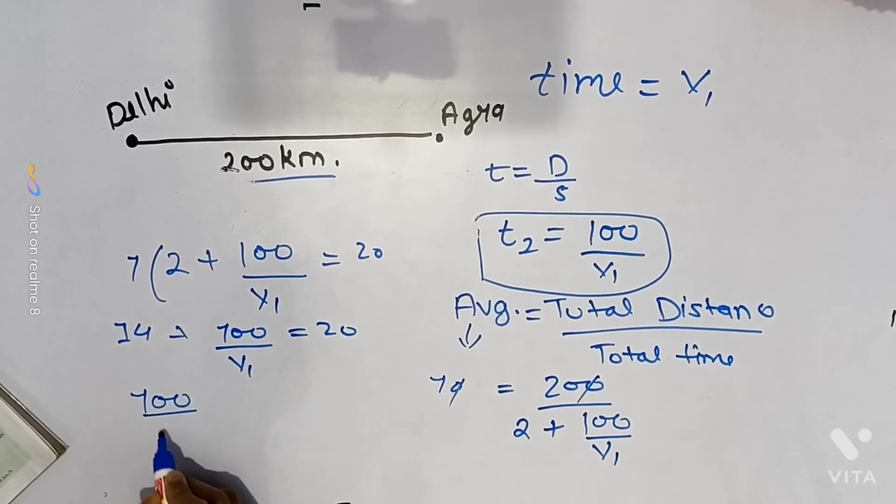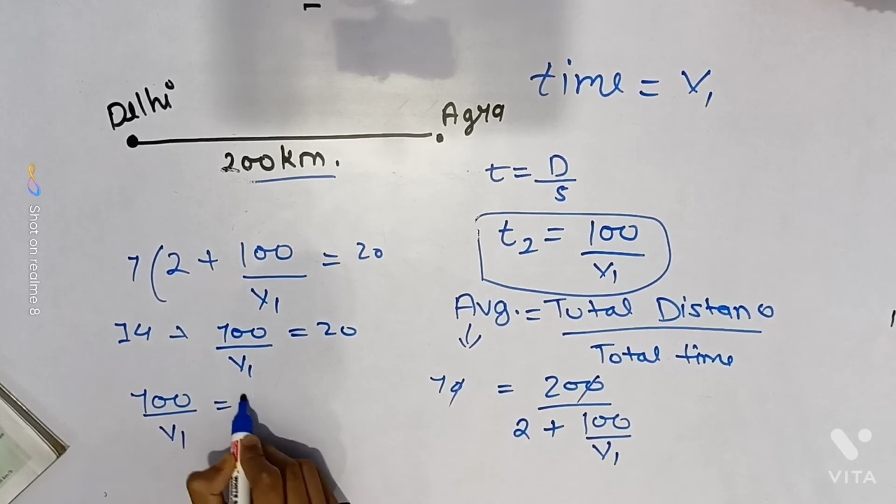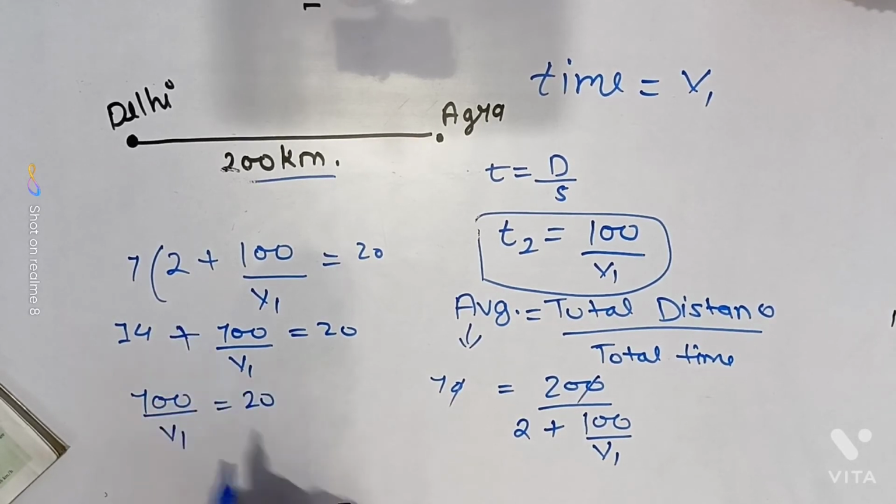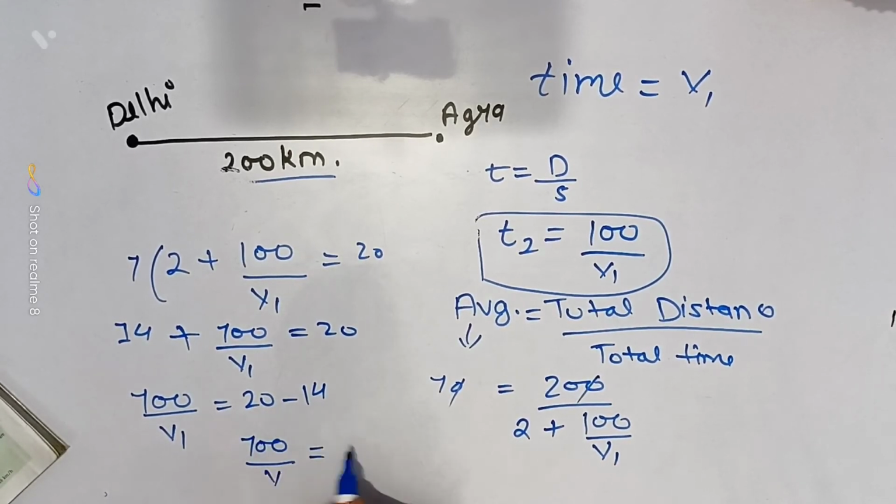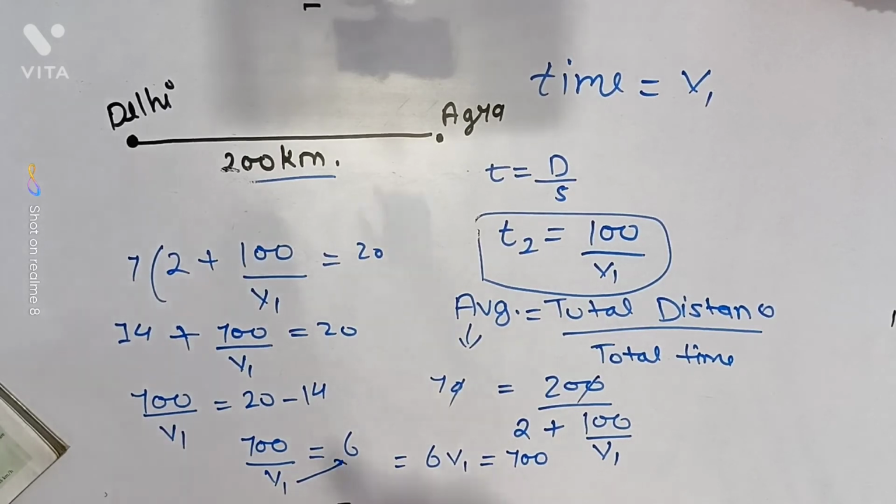We will do it like this. 700 upon V1 is equal to 20 minus 14. 700 upon V1 is equal to 6. Then we will cross multiply, and we get 6 V1 equals 700. Wait, let me erase it again.